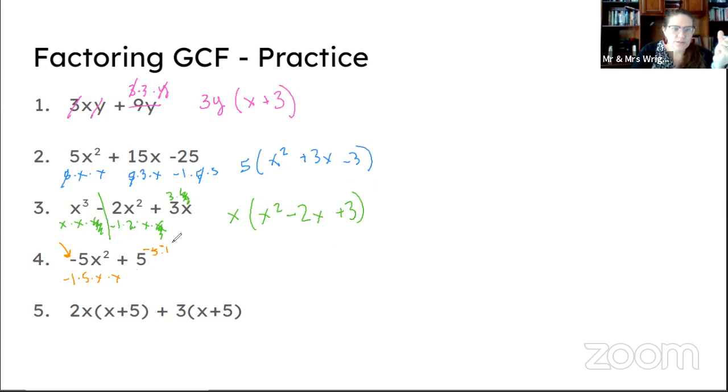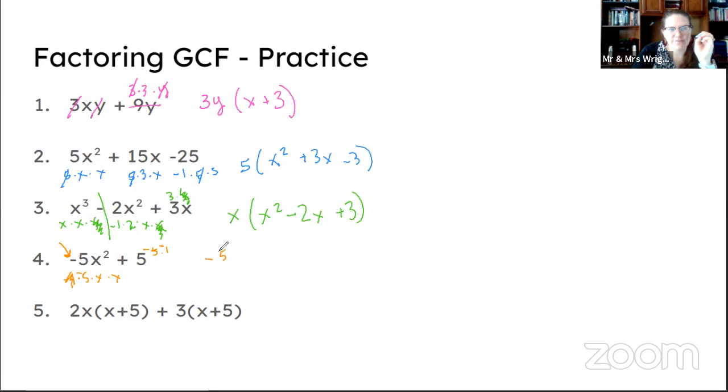Okay, now let's look at this. Now that they're both negative, I need to factor out my -1. Instead of -1, because I got that 5 in common, I'm going to actually change my negative here to be a -5. -5 times x.